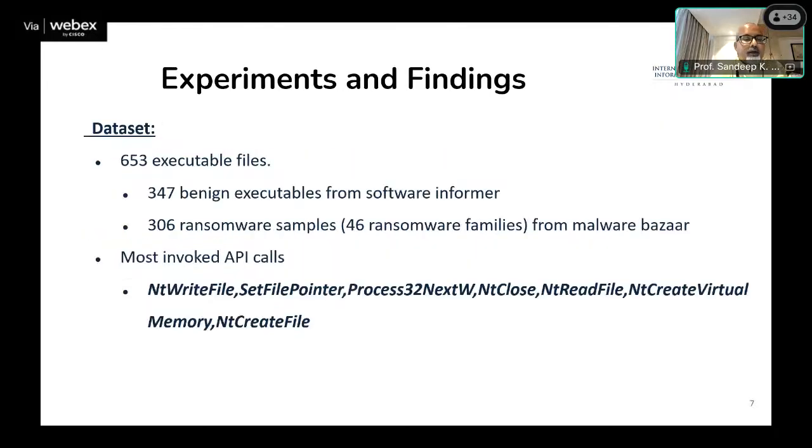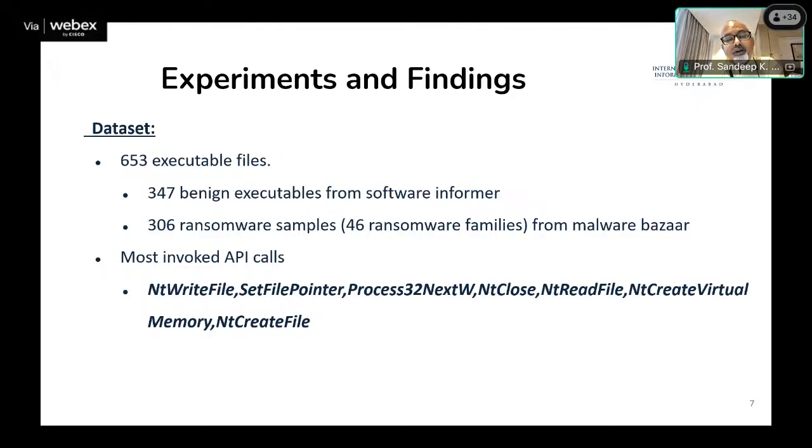So we took 653 executable files for this experiment, out of which almost half of them were benign, because you always have to compare the malware's characteristics against the benign executables' characteristics. Otherwise how do you know that this is a characteristic of the malware? It may be that all binaries do the same thing, right?